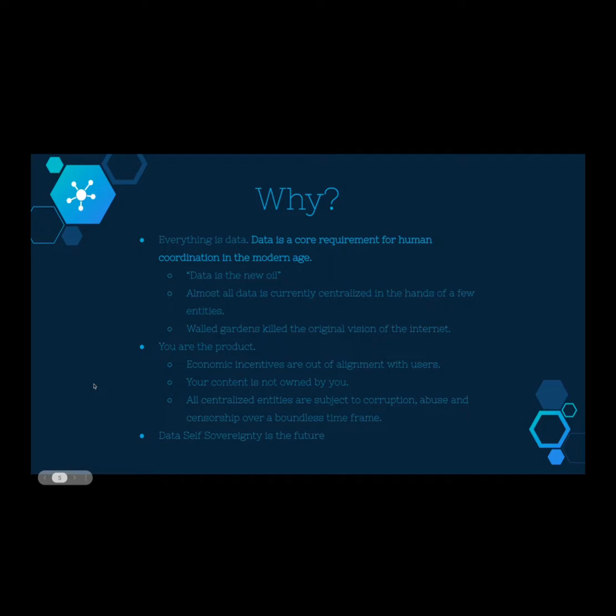So it's fair to say that data is a core requirement for human coordination at this point. And they say data is the new oil, right? And the person who controls that data is going to have an incredible amount of power and leverage. And almost all data is currently centralized in the hands of very few entities.